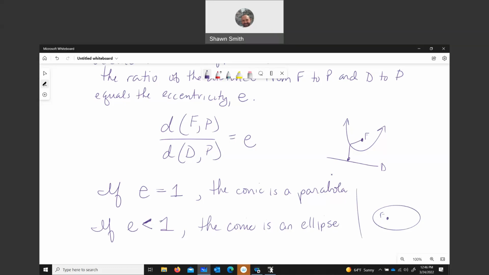And then you see that the distance from the focus to a point is much smaller than the distance from the point to the directrix. So a smaller number on the top over a larger number on the bottom would create an ellipse. And last, everybody should get this one. If it's bigger than 1, the conic is a what? Hyperbola.